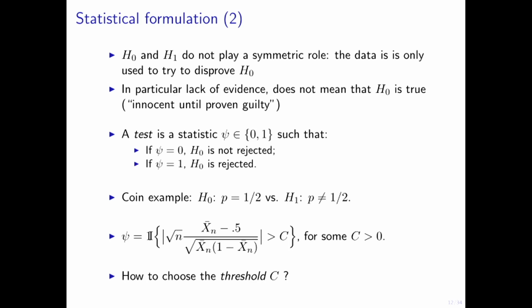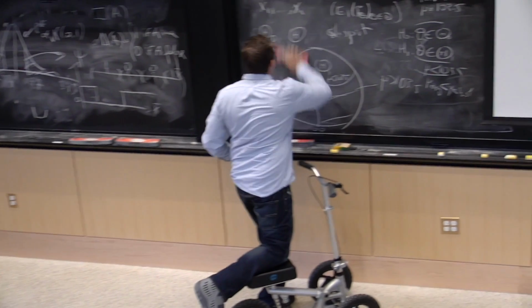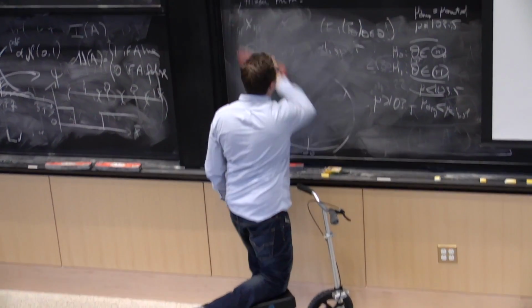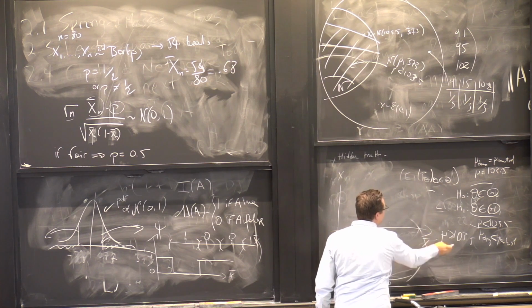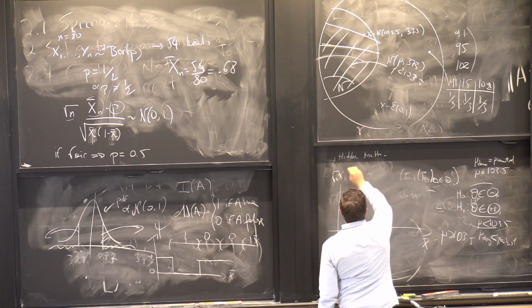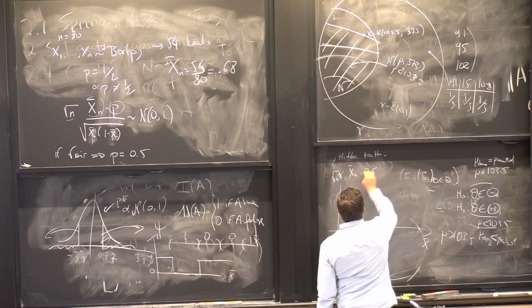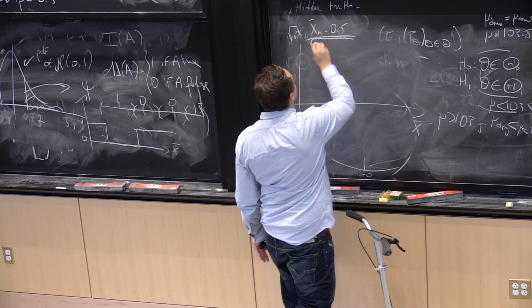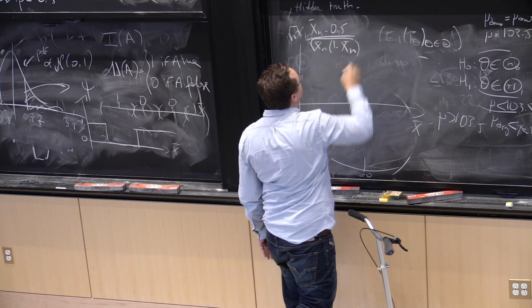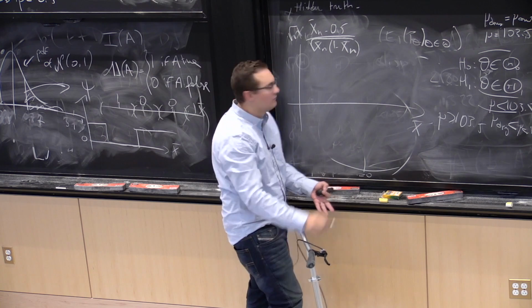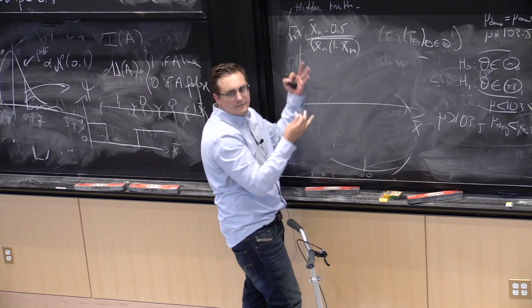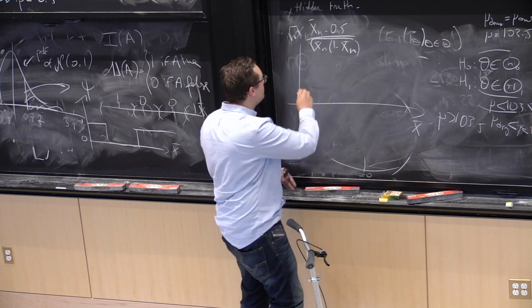Now, with this weird function, it's not clear how this happens. The picture I get is a weird nonlinear function. That's x bar, and that's square root of n times (x bar n minus 0.5) divided by square root of x bar n (1 minus x bar n). A priori, I have no idea what this function looks like. OK, I can probably analyze it, but let's pretend we don't know.